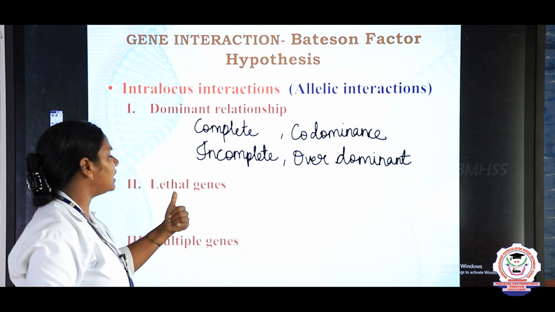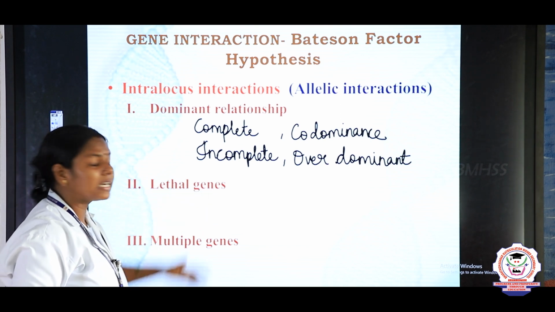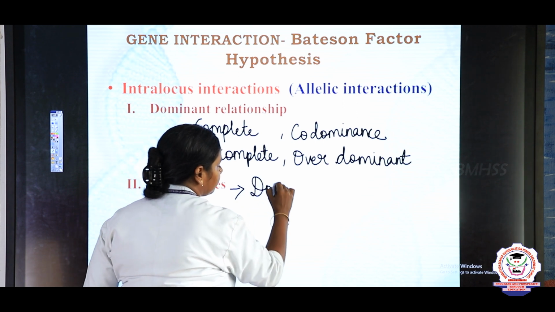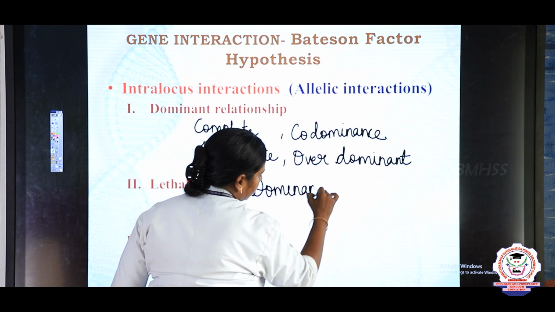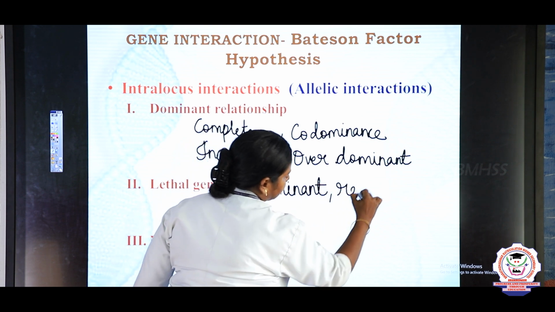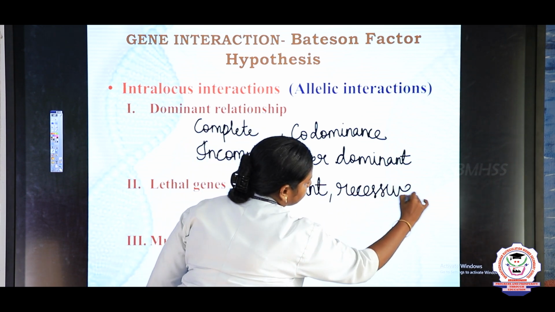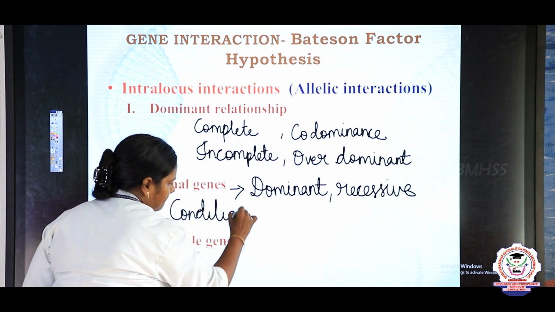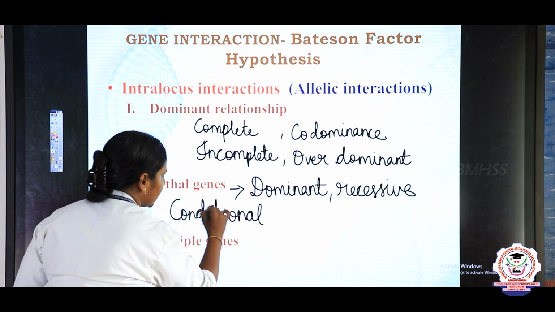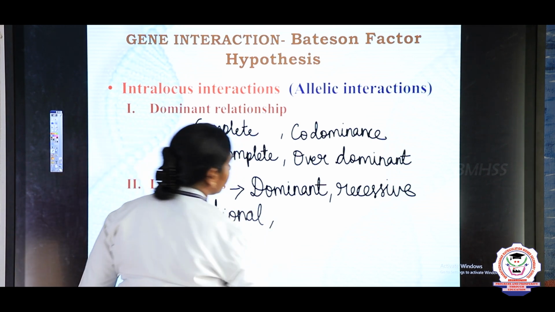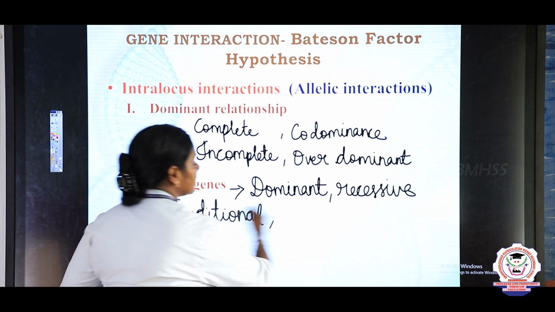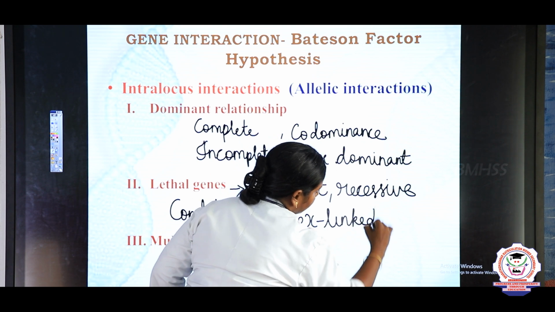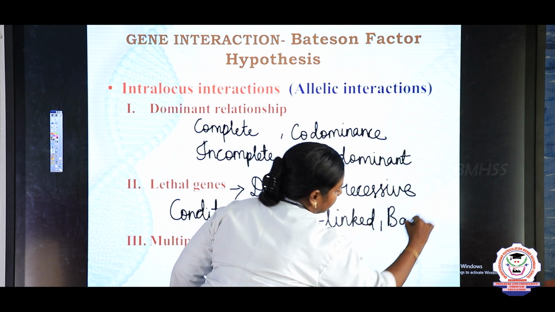And now, what are lethal genes and what are its types? Lethal genes are again divided into dominant lethal, recessive lethal, conditional lethal, and then we can also say sex linked lethal and balanced lethal.